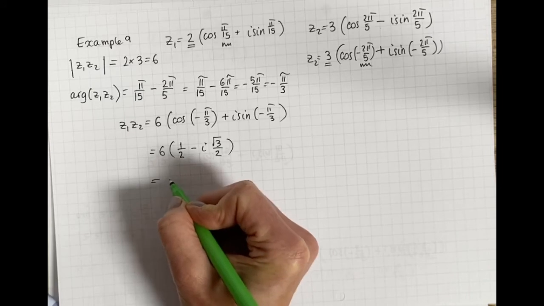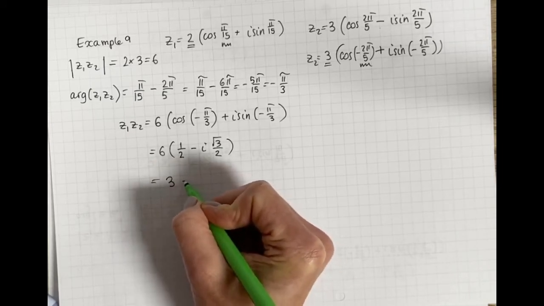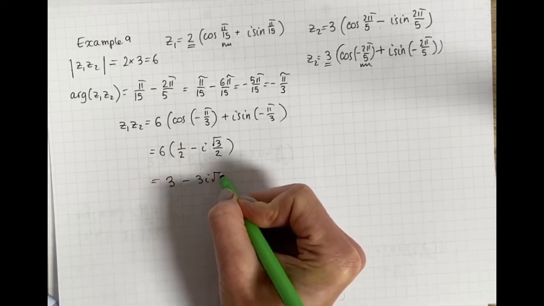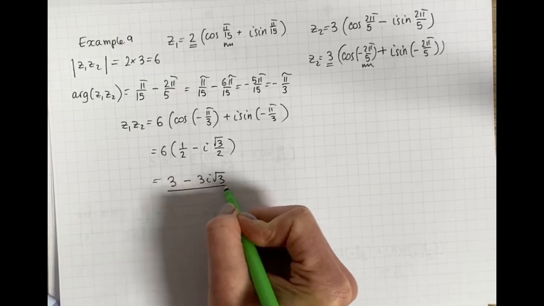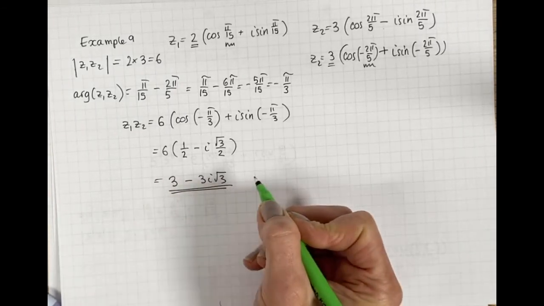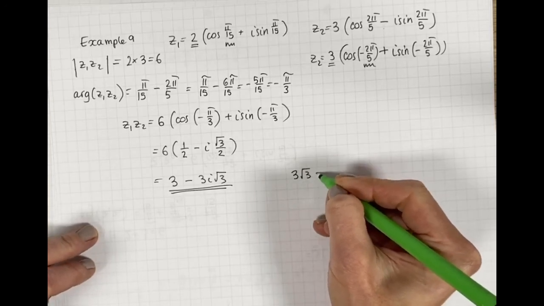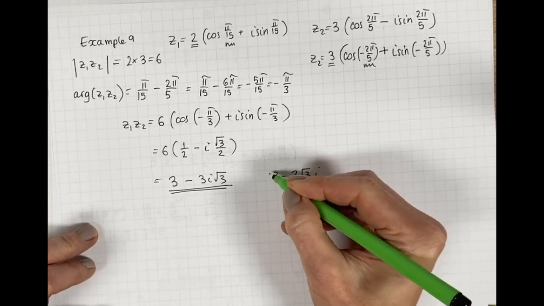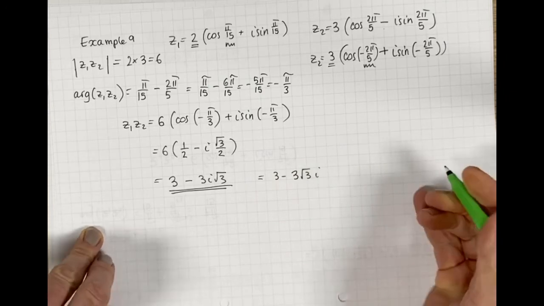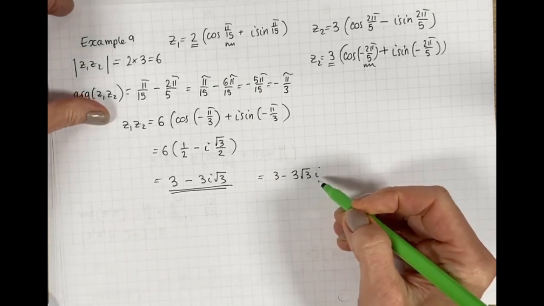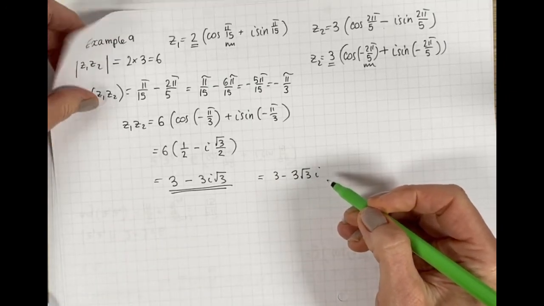Multiply it by 6 and you'll have 3 minus 3i root 3, which you could write like this as well, that's perfectly fine, as long as this i is further away from the square root.